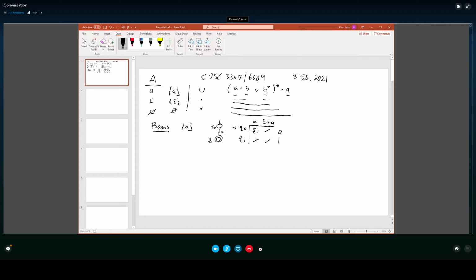Professor, why is Q1 accepting? Q1 is accepting because we have to accept the letter A. No, it is accepted because there's a transition from the initial state to Q1, and Q1 is accepting.